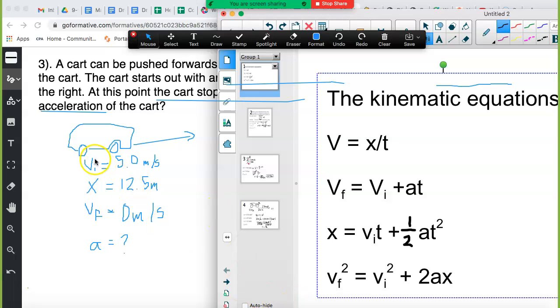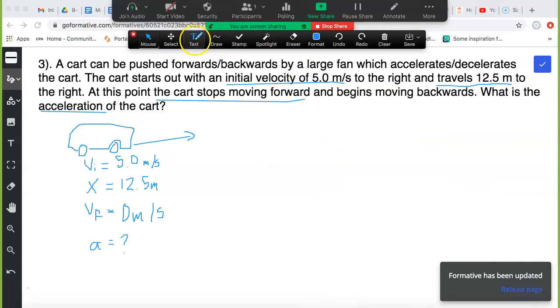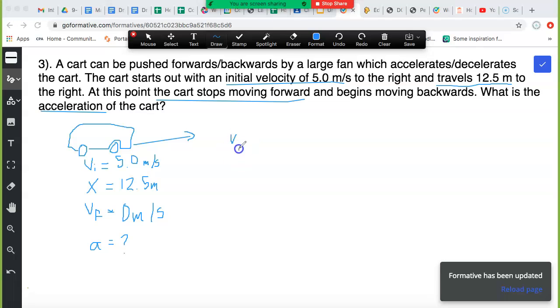You'll notice we've got the initial velocity, the final velocity, the distance, and we're trying to find the acceleration. All 4 of those variables are in our 4th equation. So let's write it down. Vf squared equals Vi squared plus 2ax.